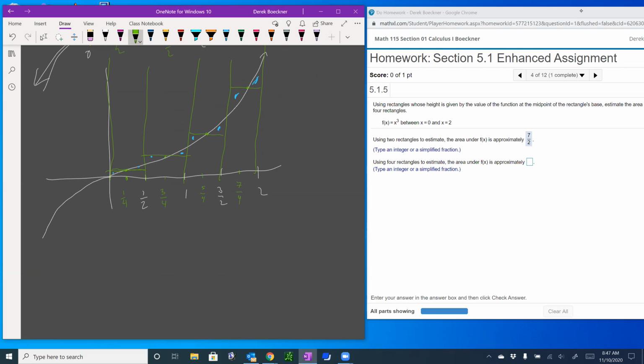But my width for each of these rectangles is 1/2, right? Even though I'm evaluating at a quarter, the width of the rectangle is 1/2. And then I'm going to take f of 1/4 plus f of 3/4, because that's where I'm evaluating the heights, plus f of 5/4 plus f of 7/4.